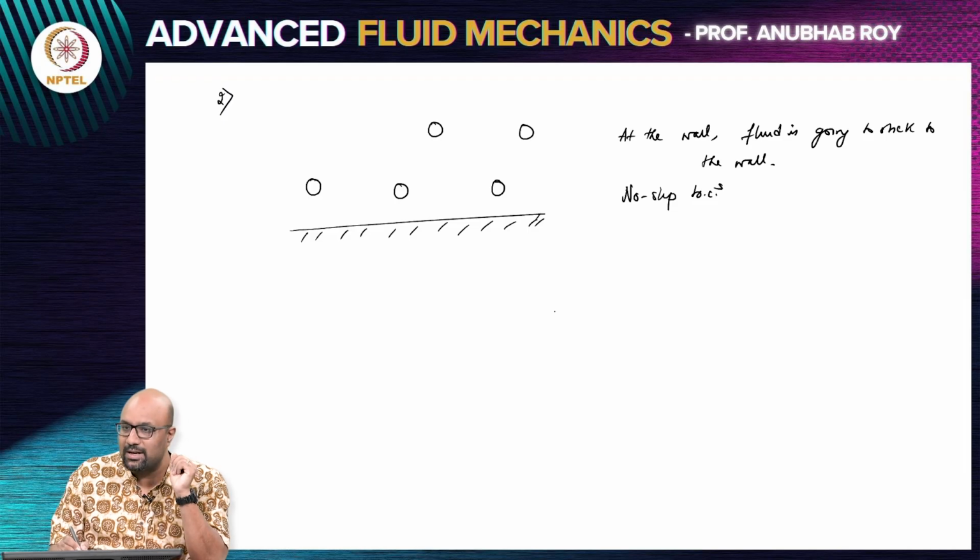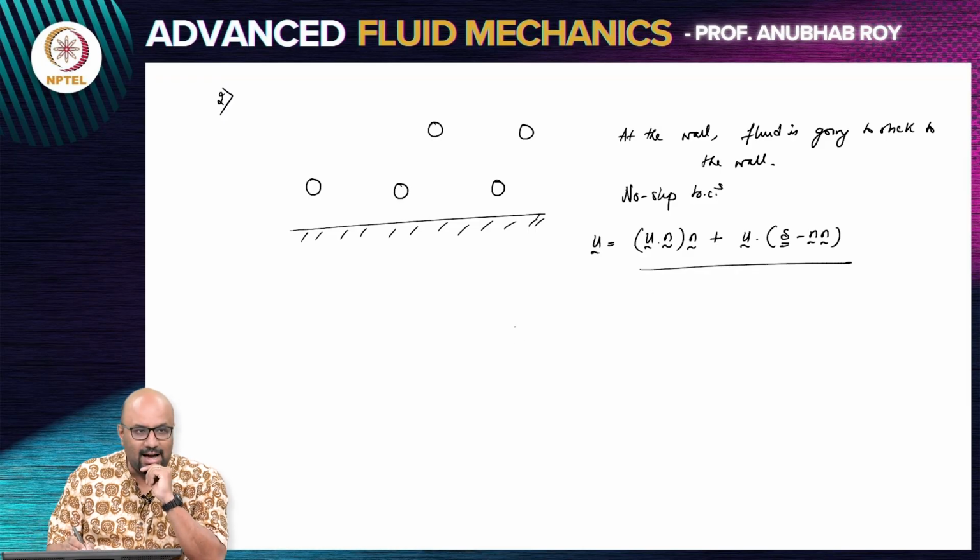Now, how do we express this mathematically? If u dot n is the normal component of the velocity, then we know that the tangential component of velocity is going to be u dotted with (delta minus nn).